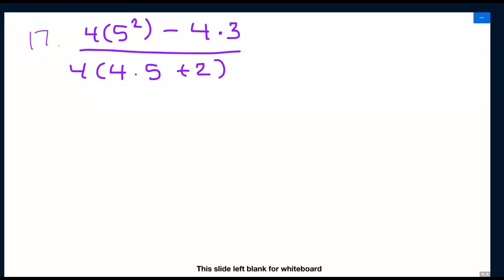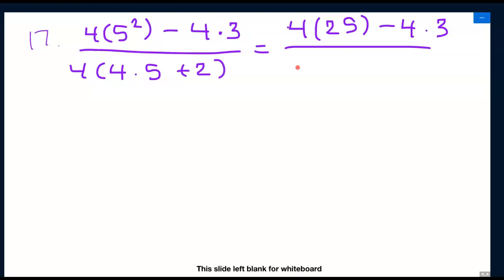So we're actually going to simplify the top first. So up top, the first thing you want to look at is your exponents. So you have 4, and then you're going to take 5 squared, which is 25, minus 4 times 3, all over 4 times 4 times 5 plus 2.